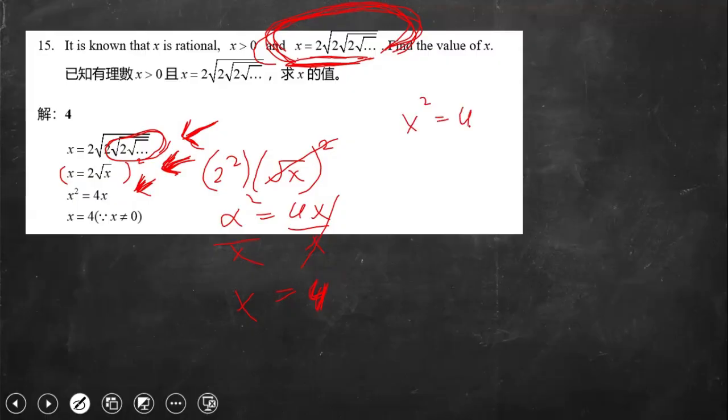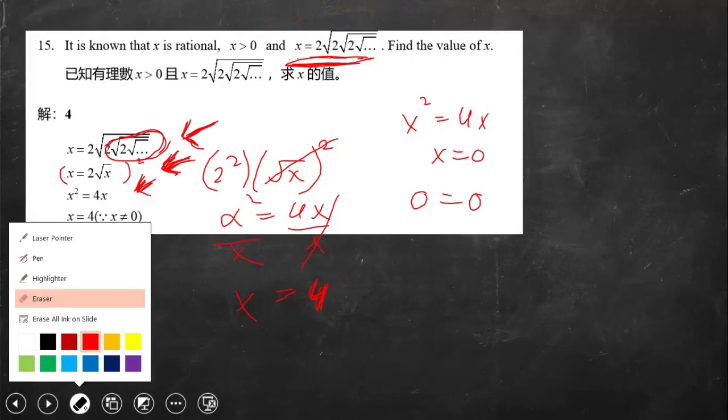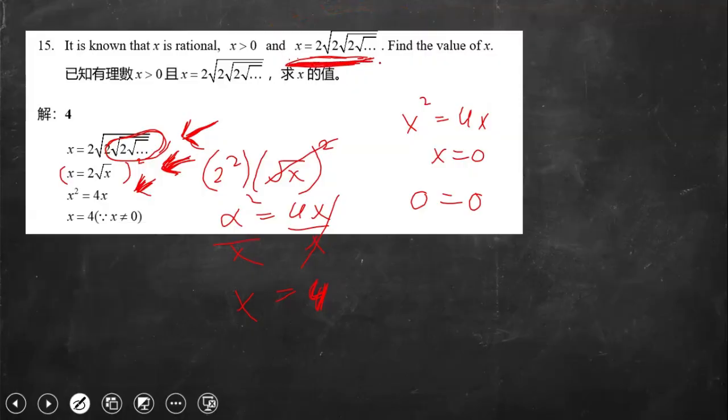Because from here, x equal to 0 is a solution. But if you consider that x has this value, it's not 0. So that's why 0 is not considered as a solution. The answer is 4.